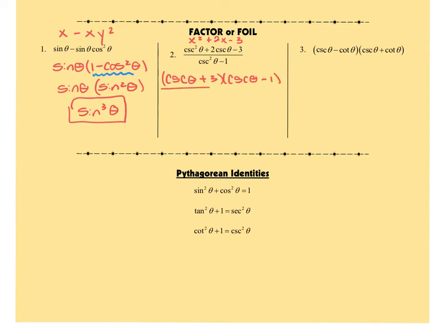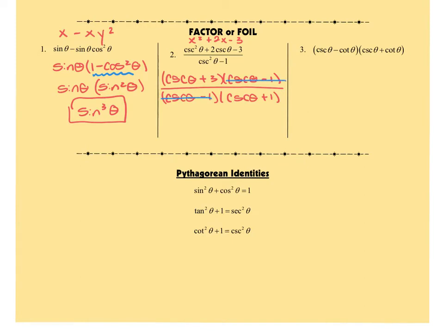So that's going to factor the numerator. The denominator could factor as a difference of squares, so we'll have a cosecant theta minus 1 and a cosecant theta plus 1. And now we can see that sure enough, these would cancel.